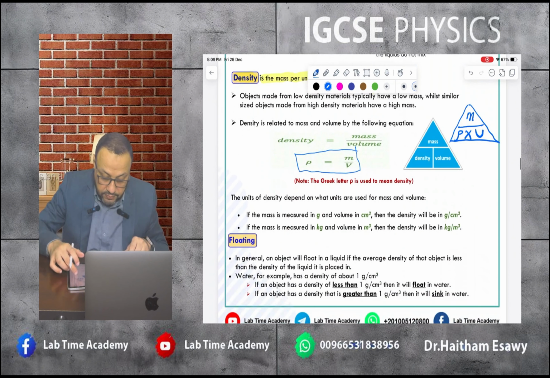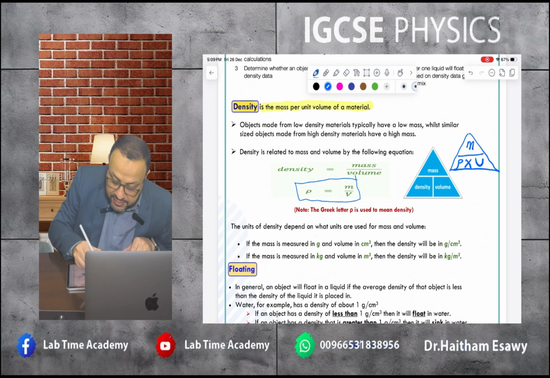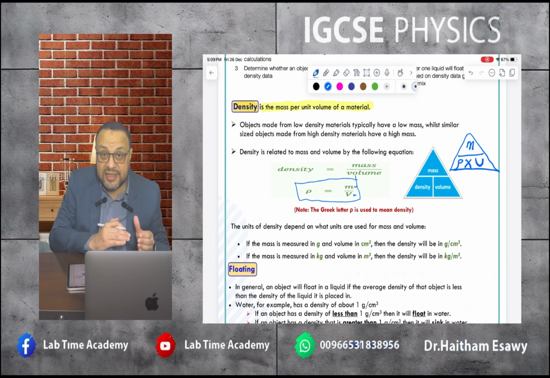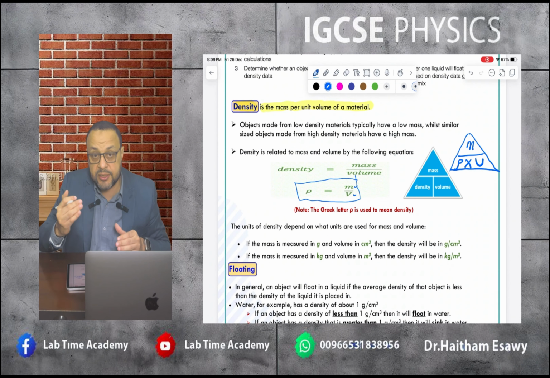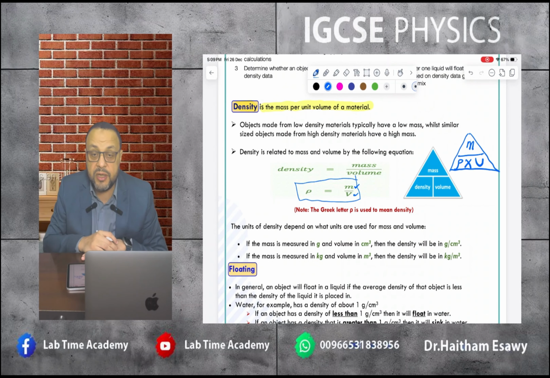The second thing is the units. If the mass of the substance is in gram and the volume in cubic centimeter, what will be the unit for density? It will be gram per cubic centimeter. But if the mass is in kilogram and the volume in cubic meter, the unit for density will be kilogram per cubic meter.